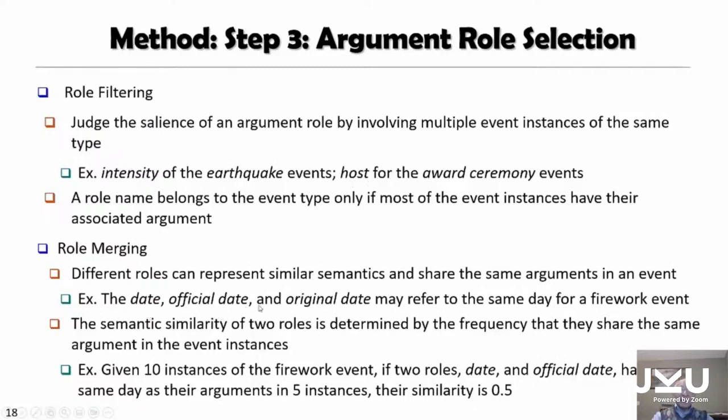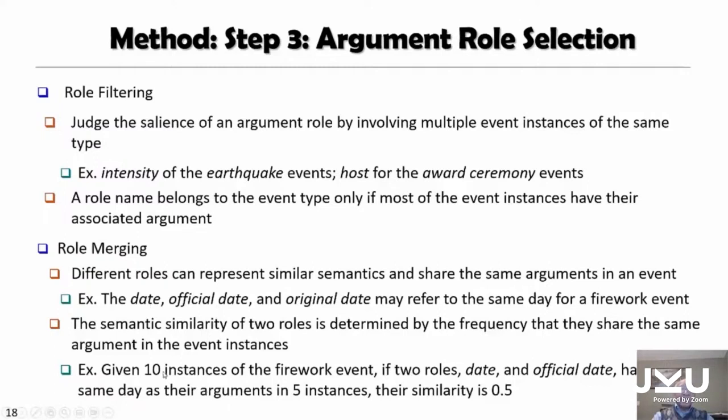However, sometimes the roles from the pre-trained language model can give you some different ones, like date, official date, and original date, for an event like fireworks. And with this, which one is correct? Okay, or they can be merged.